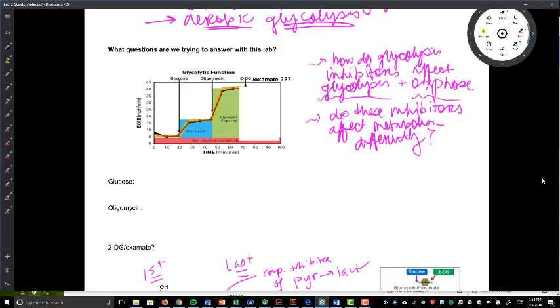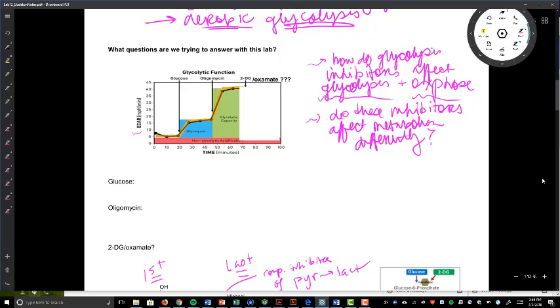In this particular graph, we're looking at the ECAR, or the change in the extracellular acidification rate, in milli-pH units per minute. But you'll also be looking at the OCR, or how the oxygen consumption rate, or by extension, oxidative phosphorylation, changes with time. There are three injections that you're going to be making in each experiment.